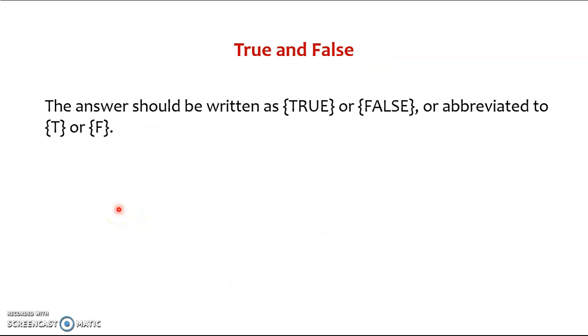You can use true and false questions also in Word documents. For that purpose, you have to write down the statement followed by curly brackets, with capital TRUE if the statement is true, or capital FALSE if the statement is false. Instead of the whole word, you can use the abbreviation, such as in curly brackets capital T for true statements and capital F for false statements.